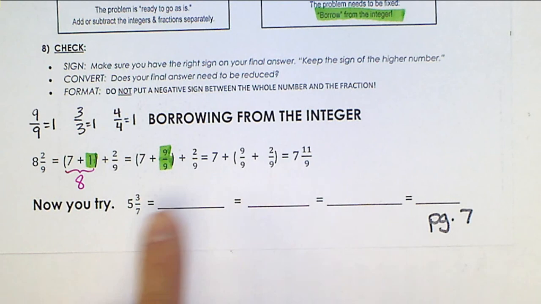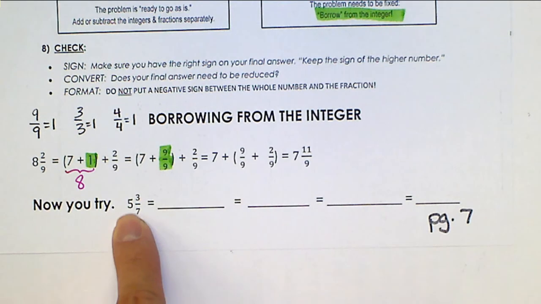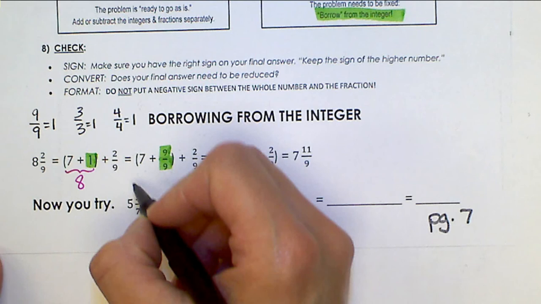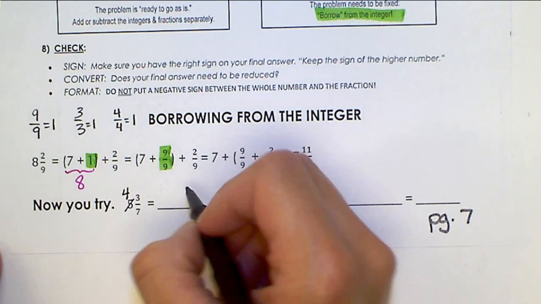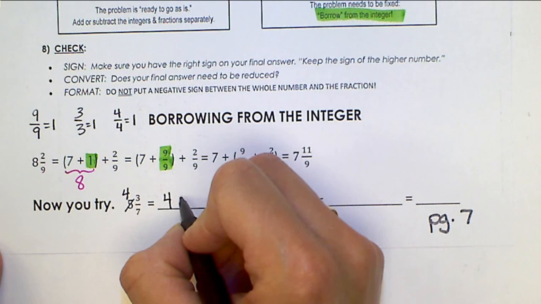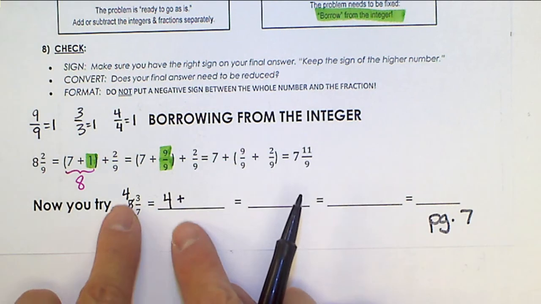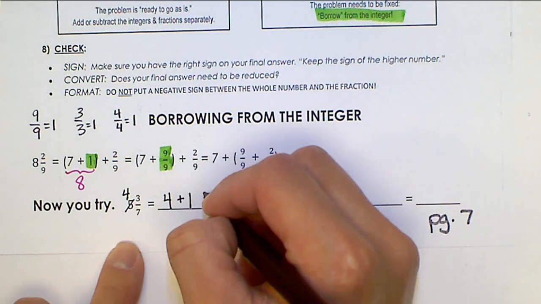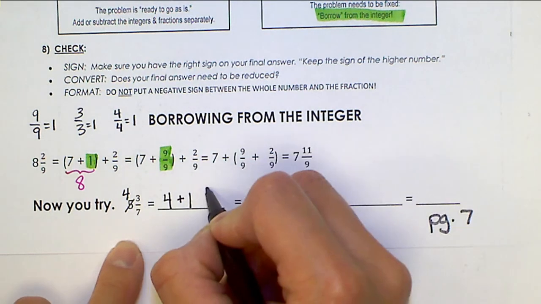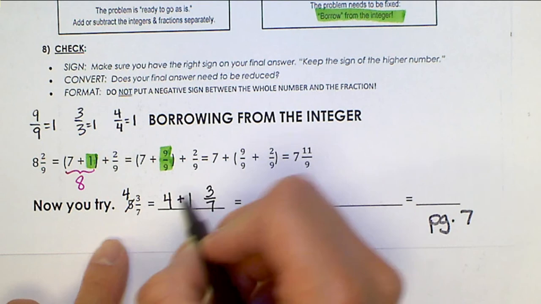So I want you to practice borrowing from the 5. So we're going to borrow from the 5 and make it a 4. And when we do that, we're going to make it a 4 plus, now we're taking 1 away. Now remember, this 1, so this right here, 4 plus 1, and then we have our fraction, 3/7. So we're going to do something with this 4 plus 1.